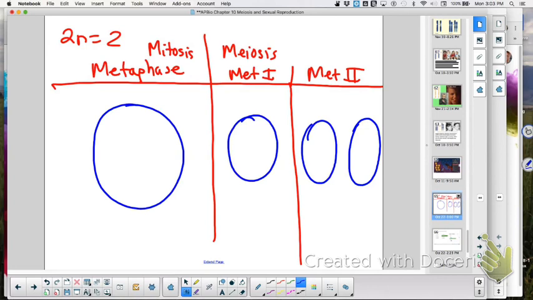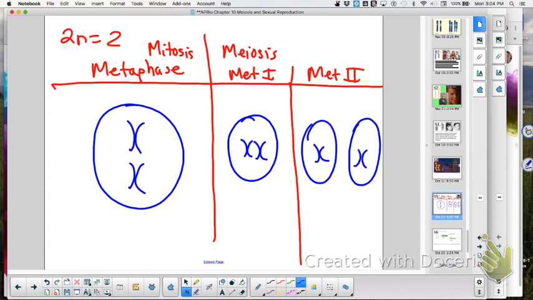Exactly. Because 1 times 2 is 2. Okay, so in metaphase, those two chromosomes will be lined up like this, yes? But if I'm looking at metaphase 1 in meiosis, they'll be lined up like this, yes? And in meiosis 2, they'll be single chromosomes like this.